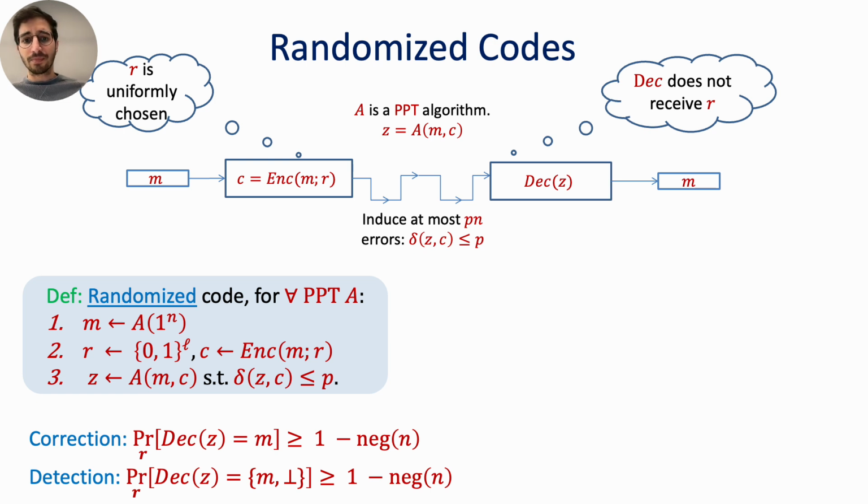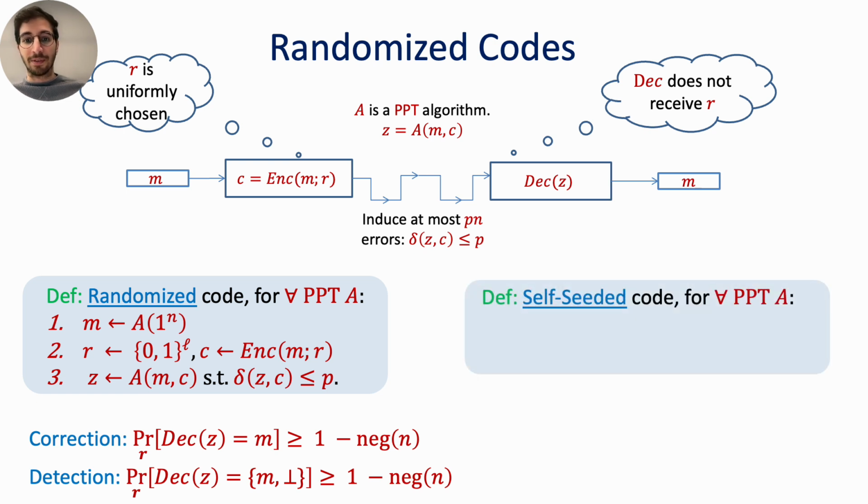Alternatively, we have a stronger definition, which we call self-seeded codes. Again, this definition is a more adaptive notion of security for coding theory. In this definition, first the randomness is chosen and is given to the adversary. So the adversary does know the randomness at this point. We're not hiding the randomness.